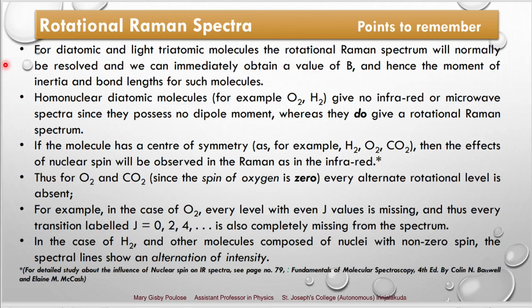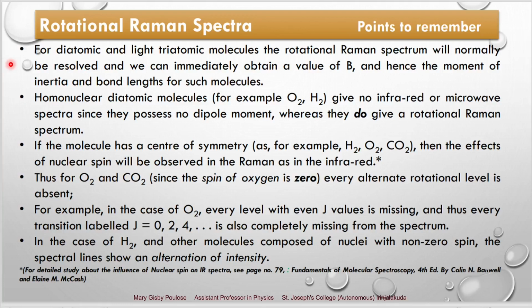Now, if the molecule has a center of symmetry, for example hydrogen, oxygen, carbon dioxide molecules, being linear molecules with a center of symmetry, then the effects of nuclear spin will be observed in the Raman spectra.